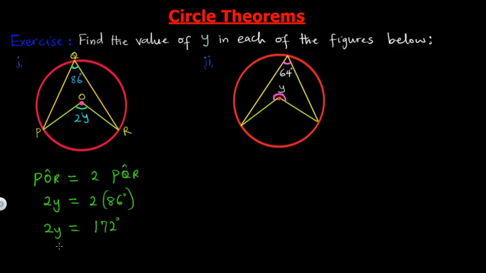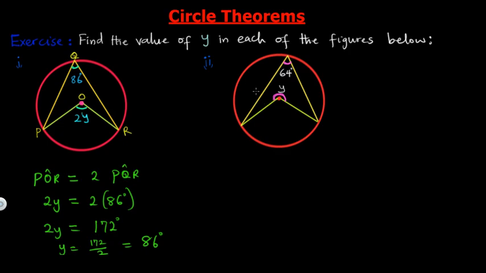Then we can divide both sides by 2. That will be y equals 172 divided by 2 equals, what would that give us? That will be 86 degrees. So our y still remains 86 degrees. Interesting.